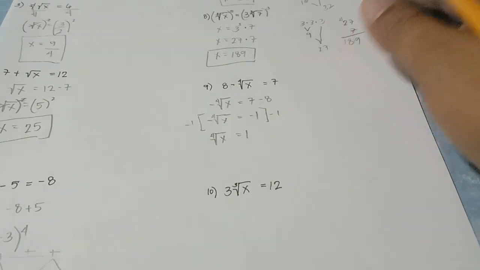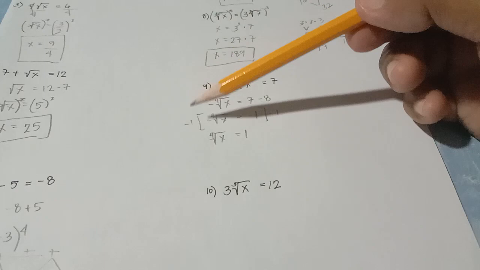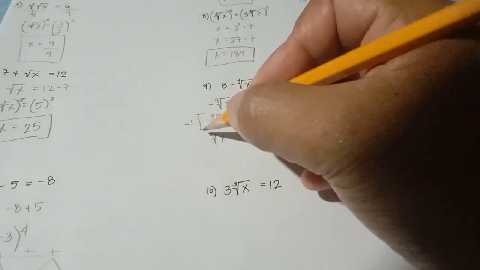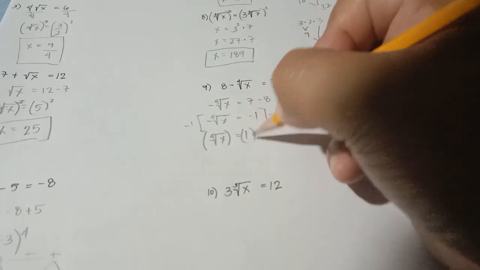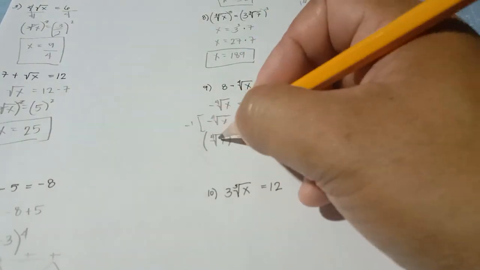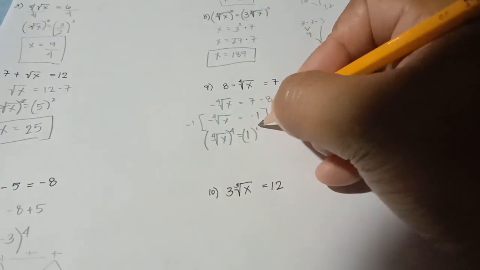Para hindi malito, gets nyo? So, sana yung nakuha yun. Kung ano yung ginawa sa kaliwa, siya ko rin gagawin sa kanan. Okay. And then, ano ang kanyang magiging power? So, syempre, kung ano yung root, o yung index, o yung order, siya kung gagawing power. So, that is raised to the power of 4. Ganon din sa kabila.